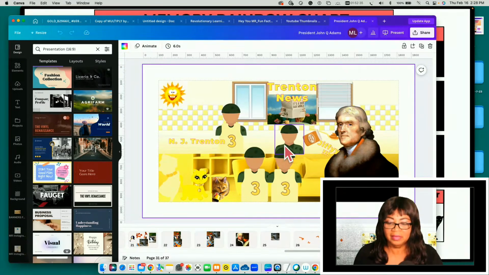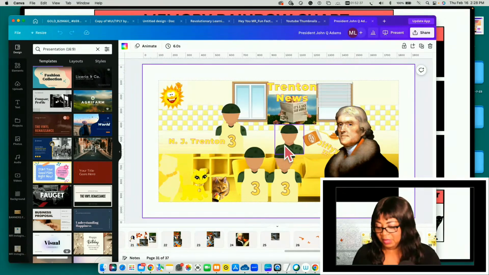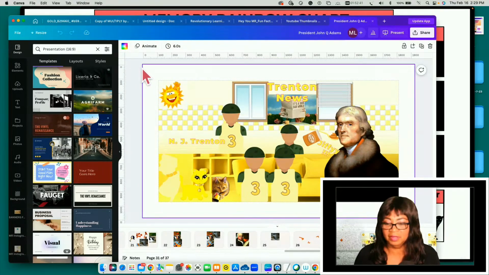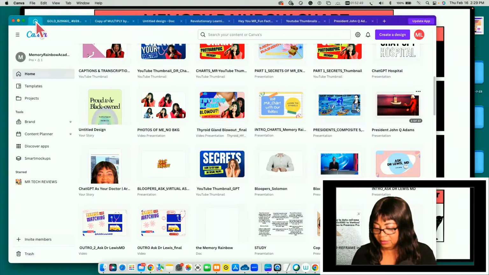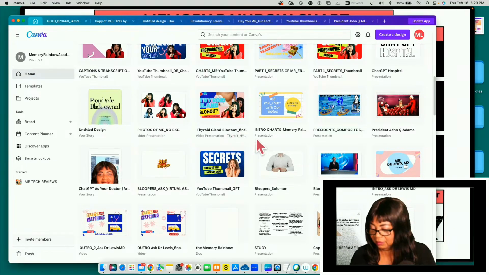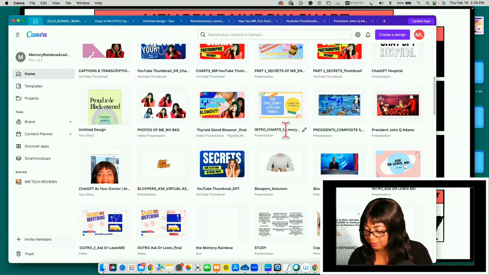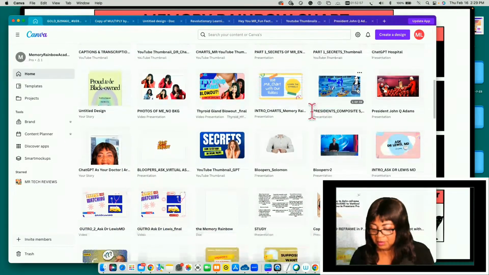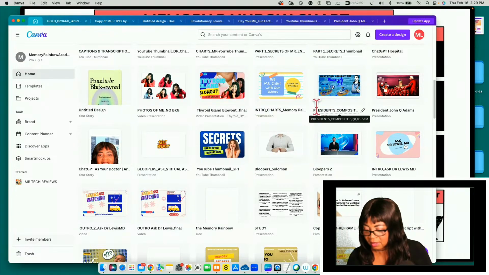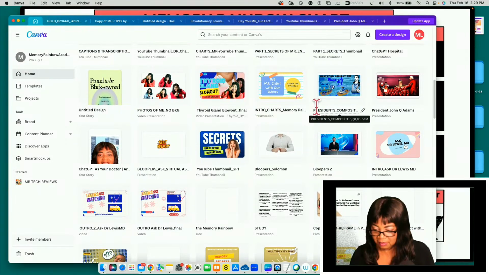I would love if someone would participate with me and help me to create some of these visual images, because the system allows you to create whatever you want. It's just absolutely fantastic. So I think that's most of the ones I have here. Let me see if there's anything else here.